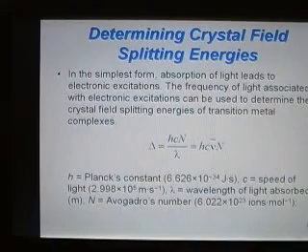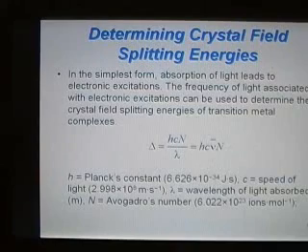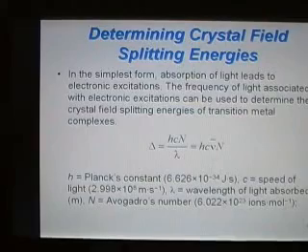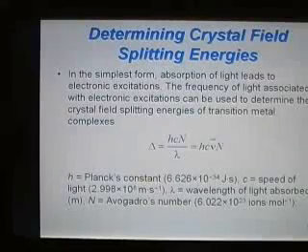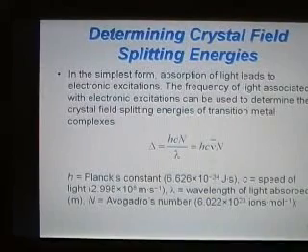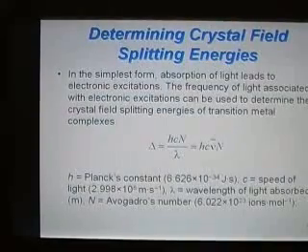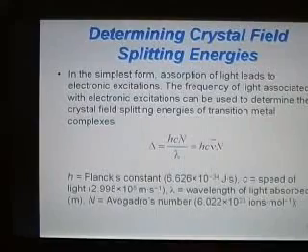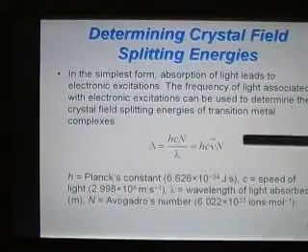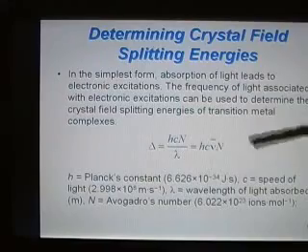There are methods to determining the crystal field splitting energies based upon absorption spectra. In its simplest form, absorption spectra basically measures electronic excitations, electrons being excited from one orbital to another. The frequency of light that's associated with exciting electrons can be used to determine the crystal field splitting energies using the following method.